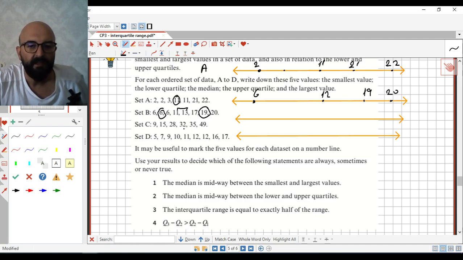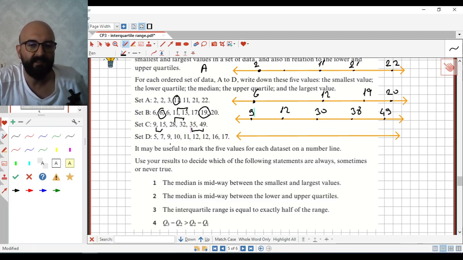For the third set, the lower value is 9, the upper value is 49, the median is 30, the lower quartile is (9 + 15) divided by 2, so 12, and the upper quartile is (35 + 49) divided by 2, so 38.